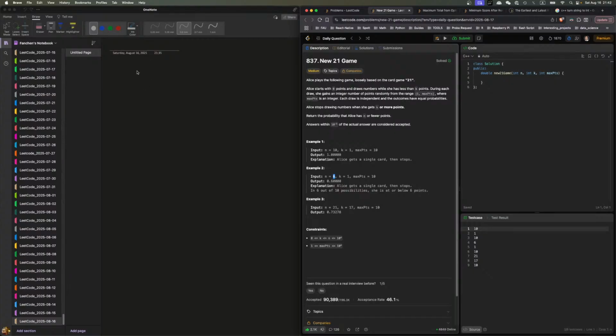So each draw is from 1 to max points. Right, that's one draw. And then I have k as the limit. So I can do one draw, two draws, and I also have n. Now, n must be bigger than k.